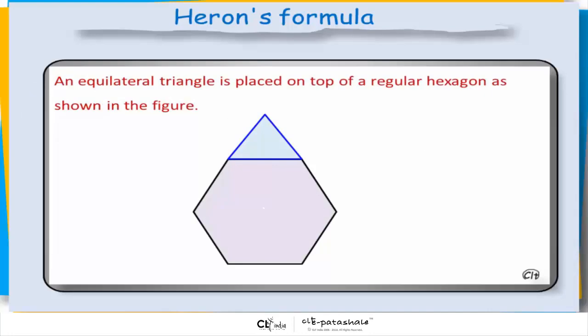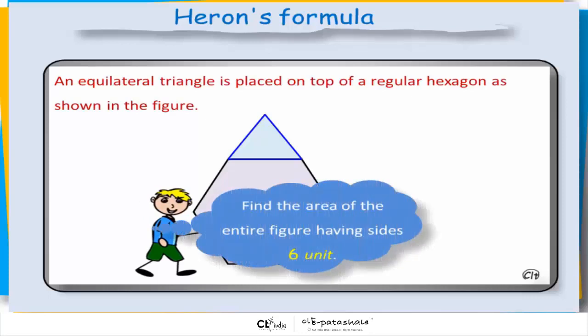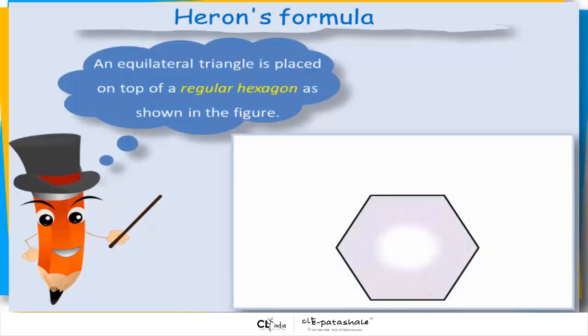An equilateral triangle is placed on top of a regular hexagon as shown in the figure. Find the area of the entire figure having sides equal to 6 units. Each side of the hexagon is 6 units.